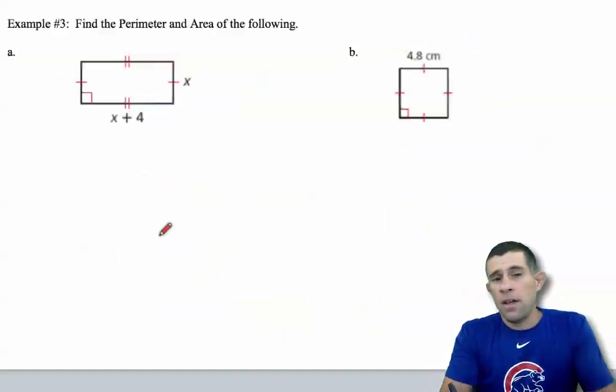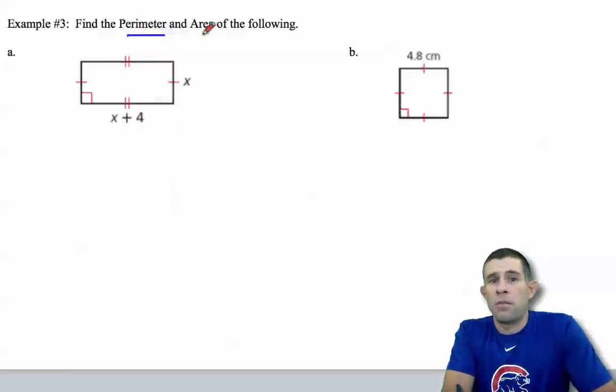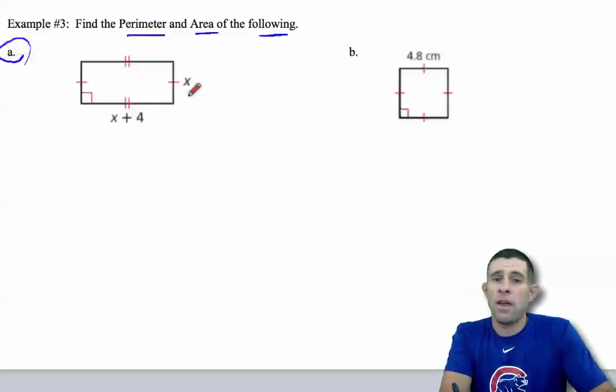All right, in our next example, we are asked to find the perimeter and the area of the following. And in part A, it looks a little bit tricky here because I don't actually have numbers, but I have expressions. So I can still find my perimeter. Remember, perimeter is simply adding up all of the sides around the figure.